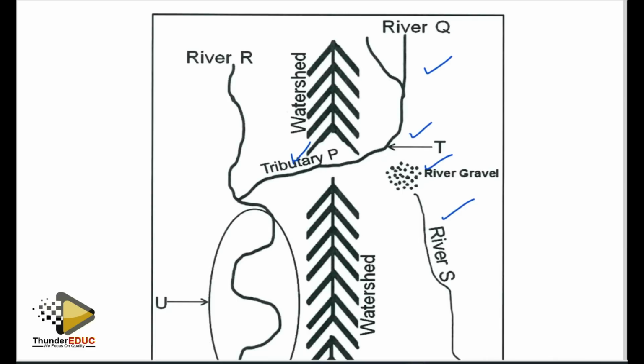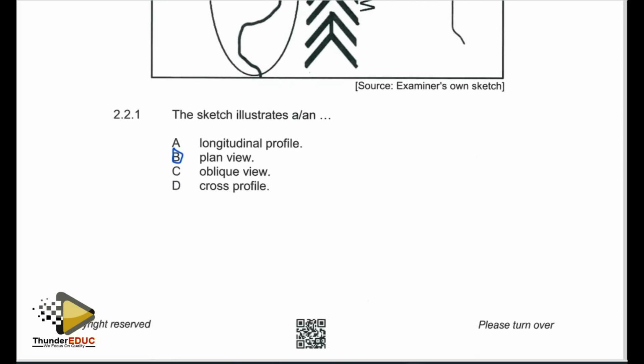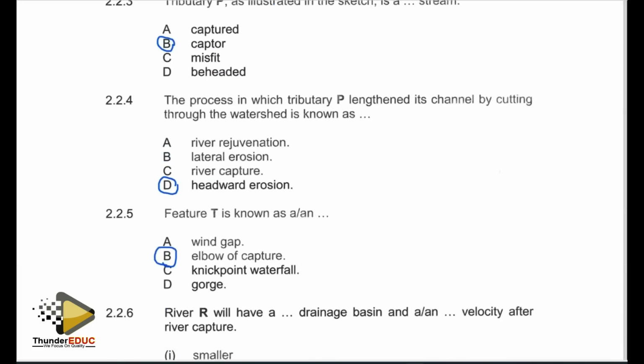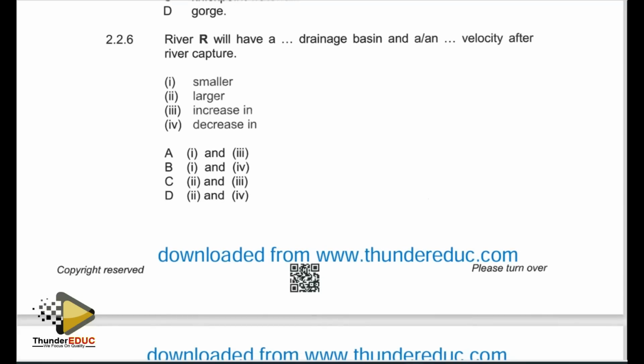But now, its basin is extending towards there, because this part of river Q is now part of its basin because it's now being drained by this same river here. This is now a tributary of River R, so its drainage basin has been increased by the process of capture. So if we check on the responses here, it becomes larger.